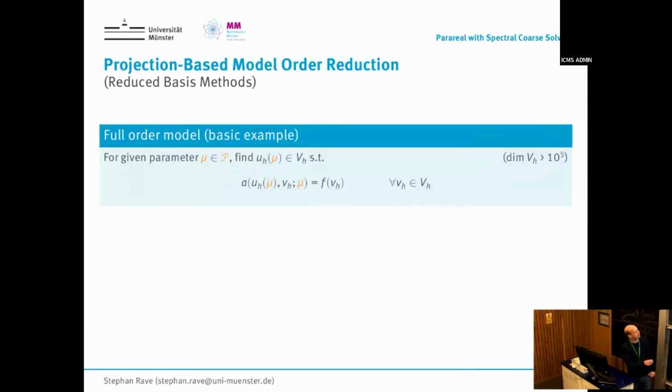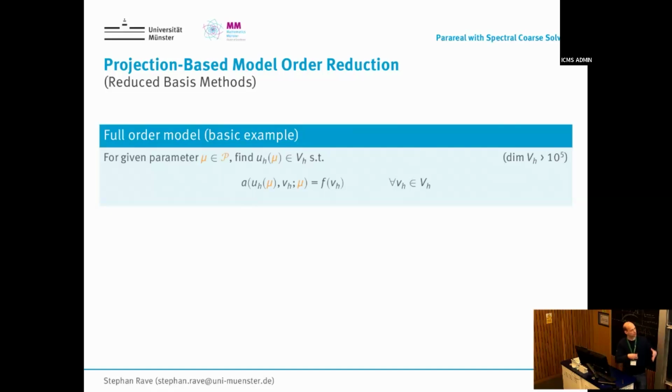So here we have an elliptic problem in weak formulation. A is the bilinear form and F the right-hand side functional. U_h is the solution. And the problem is parametrized. So the mu here is a parameter. Everything depends upon that.